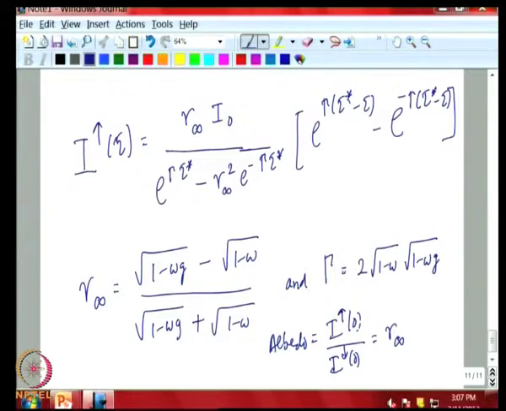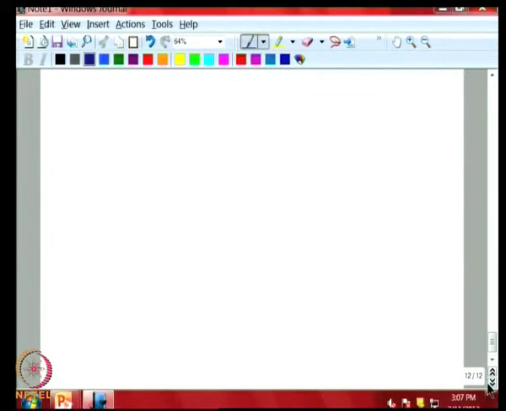Now, given the information, we can also calculate the net heating rate. The net heating rate will be nothing but pi times I up minus I down, and this is of course a quantity of great interest in calculating the heating of the layer or an atmosphere.